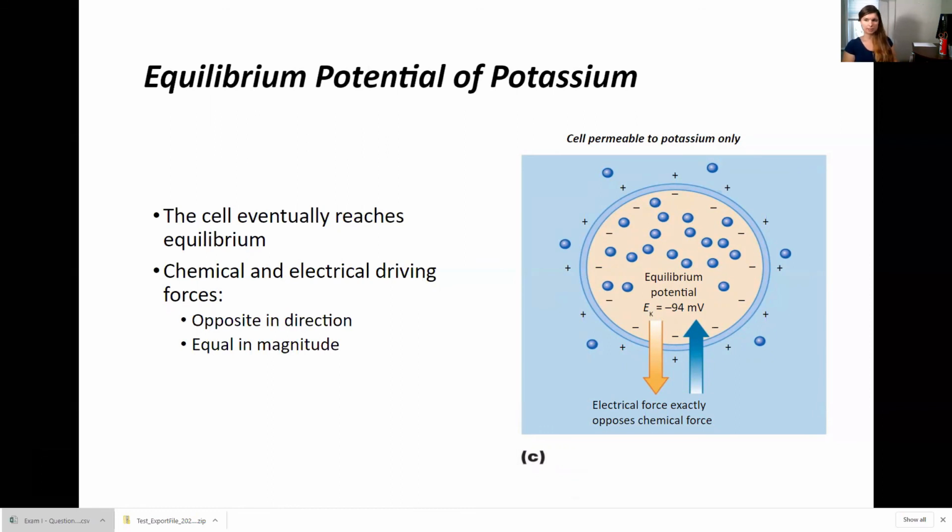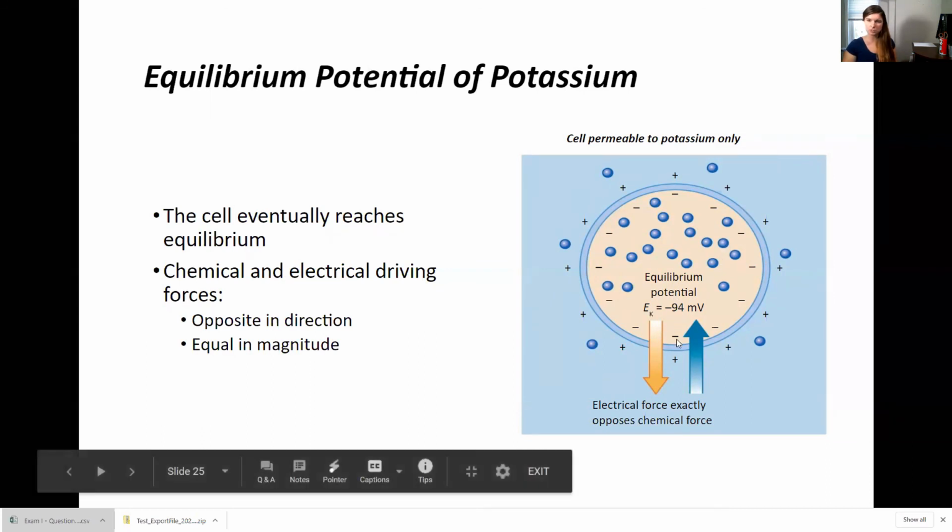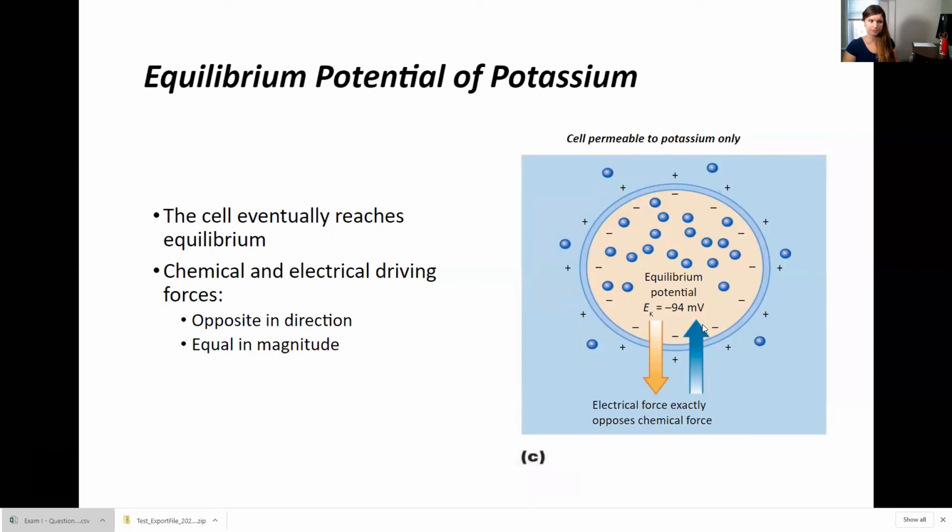That's our equilibrium potential. So the amount of charge we need inside the cell in order to oppose this chemical force, for potassium, it's negative 94 millivolts. So at the equilibrium potential of potassium, we have chemical and electrical driving forces that are opposite in direction, but equal in magnitude.